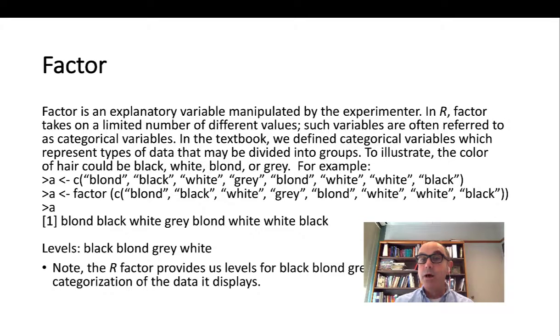In the textbook, we define a categorical variable as a type of data that may be divided into groups, such as sex, height, age. To illustrate, the color of the hair can be black, white, blonde, or gray.